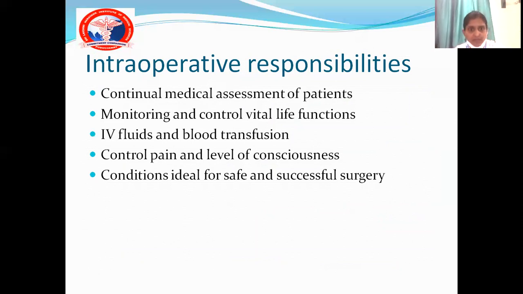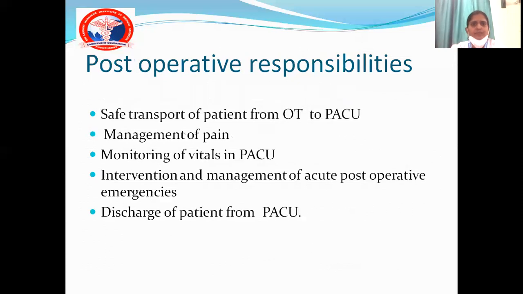We take care of the blood transfusion, and of course, control of pain and level of consciousness is very important. So basically, the goal of the intraoperative period is to make conditions which are ideal and safe for successful and safe surgery.